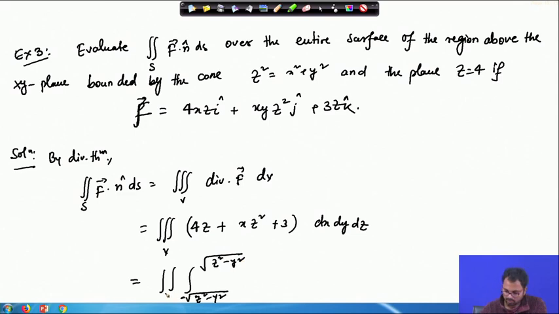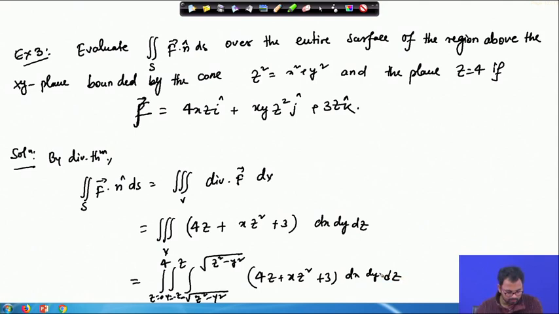Then for y, when x is 0, it is minus z to plus z, and z is 0 to 4. So, this will be 4z plus xz square plus 3, dx dy dz.